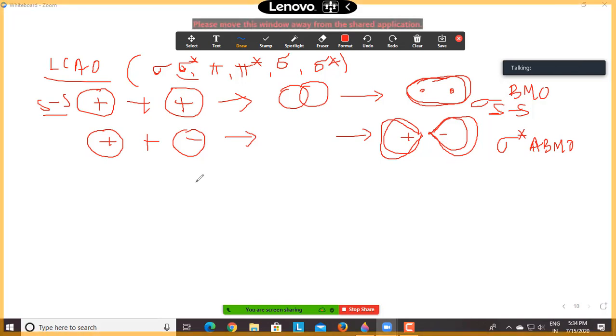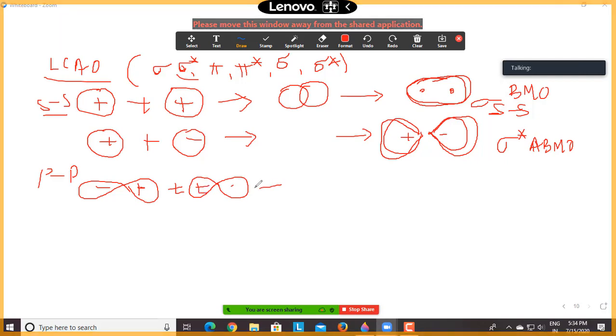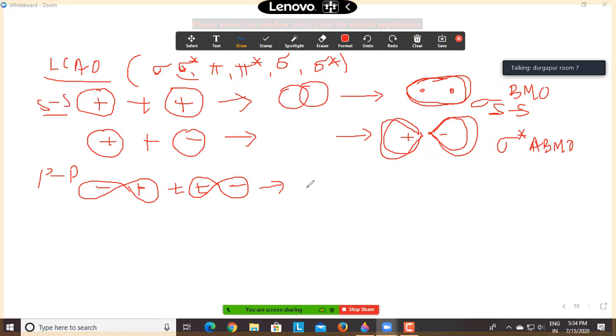Okay. Now let us see p-p overlapping, head-on overlapping. Let us first check. p is like this dumbbell. So this is plus, this is minus. Mixing with one more, plus and this is minus. So when they are mixing, then what will happen after mixing?